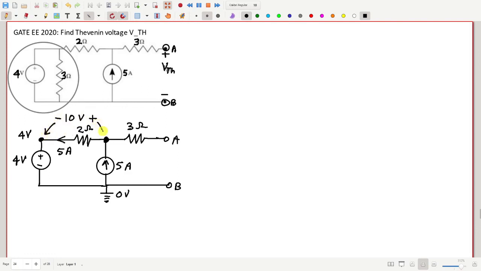If I call this node C, then VC is equal to 10 plus 4, 14 volt. And across 3 ohm resistance there is no voltage drop, so VAB will be equal to VC, equal to 14 volt. Okay, fine.